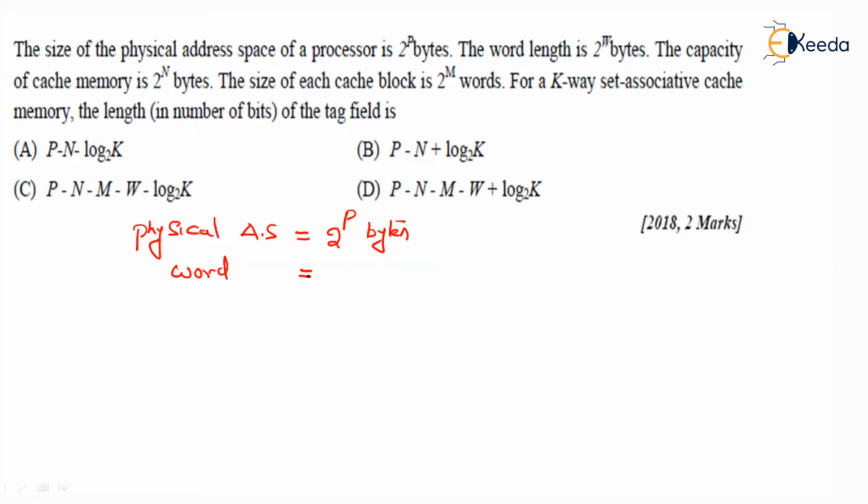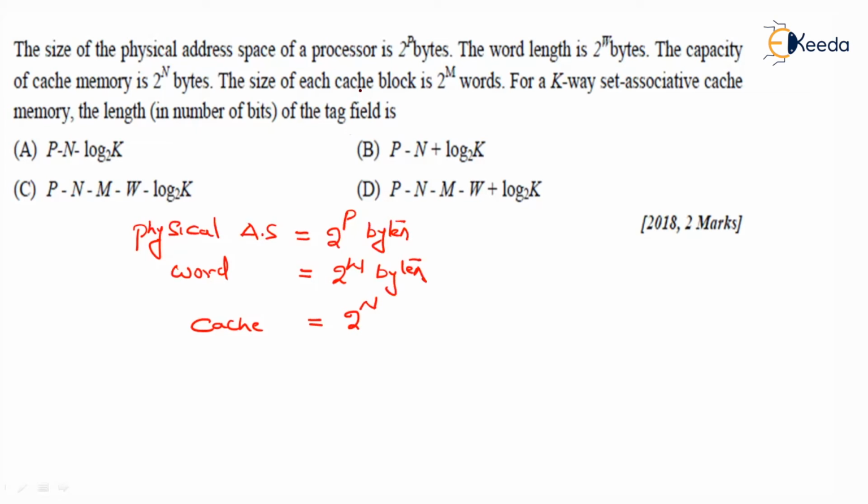Word is equal to 2 power w bytes. And the cache size: cache is equal to 2 power n bytes.